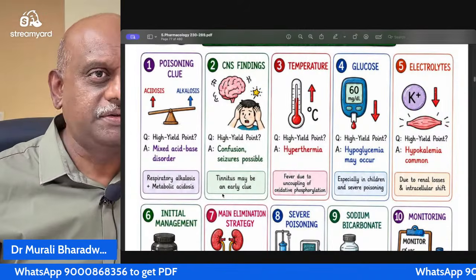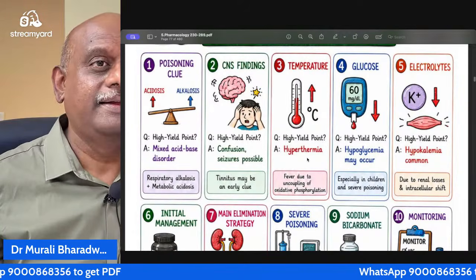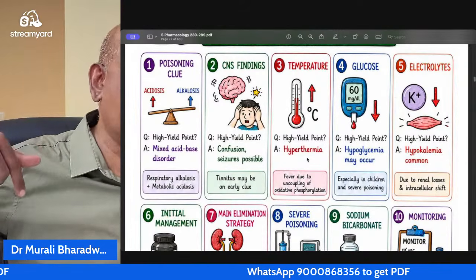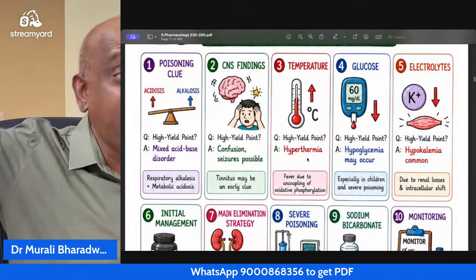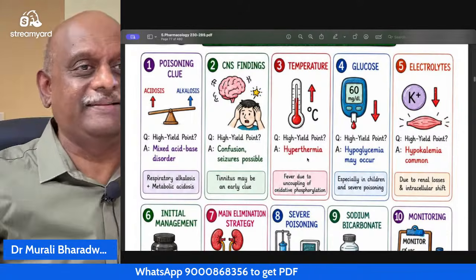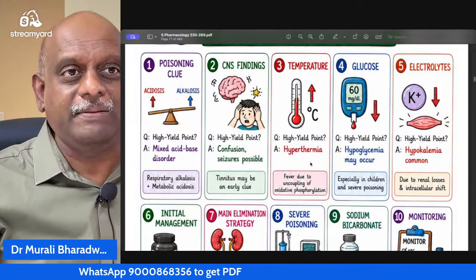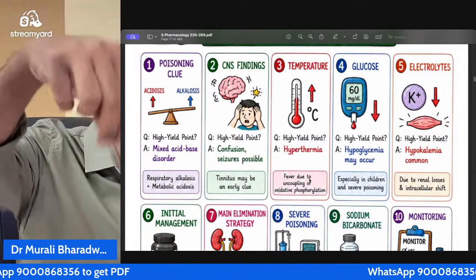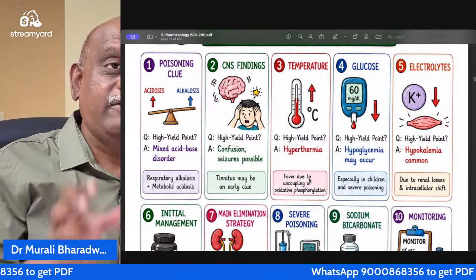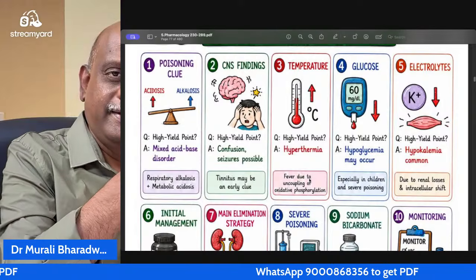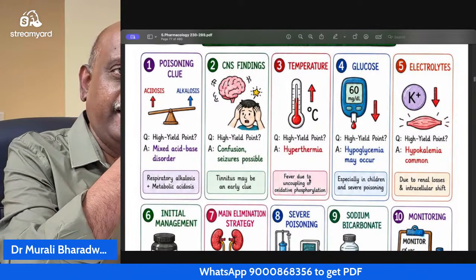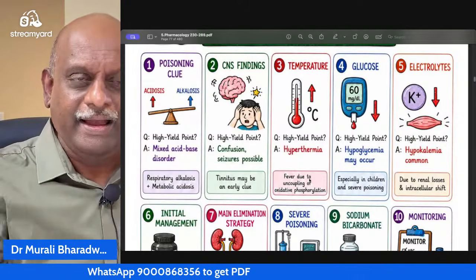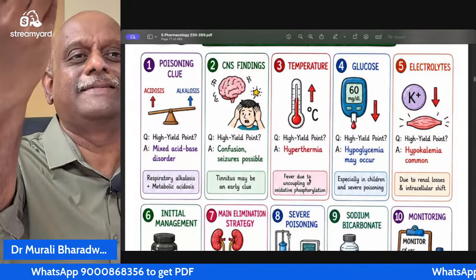confusion, seizures, hyperthermia. We think aspirin is antipyretic. It is not. In toxicity, it is hyperthermia. Why hyperthermia? Because salicylates are electron transport chain inhibitors. They will prevent NADH energy from becoming ATP and lead to thermogenesis.